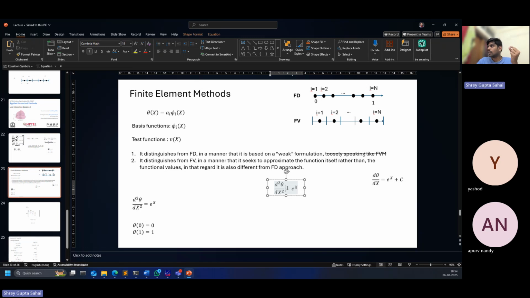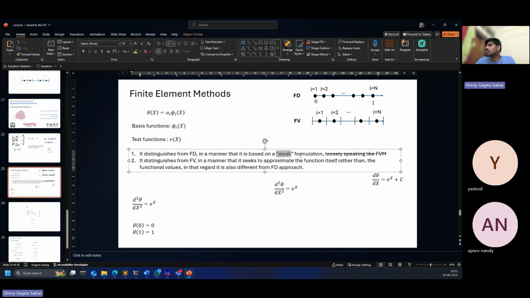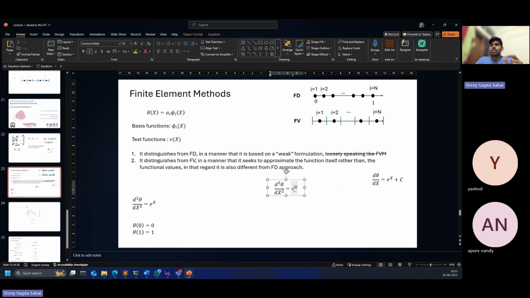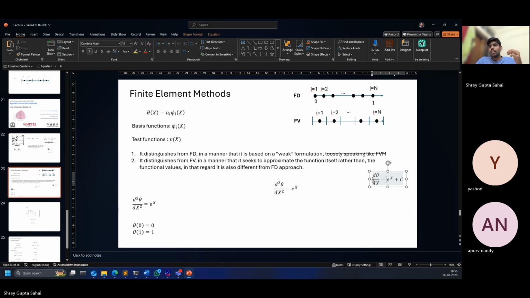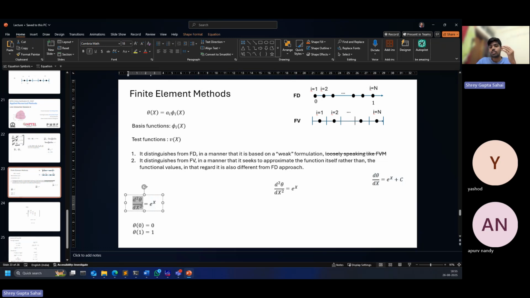That is something that was being done. Similarly, finite volume was also doing that. The word weak formulation is coming from the fact that in finite difference there are certain candidate functions. In fact, the solution we get will not strictly satisfy this governing equation.